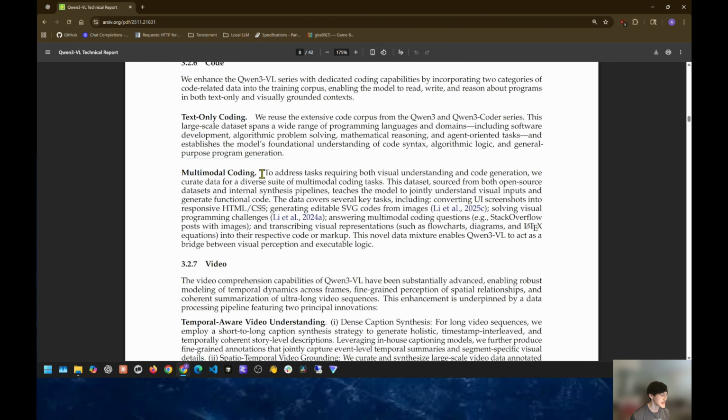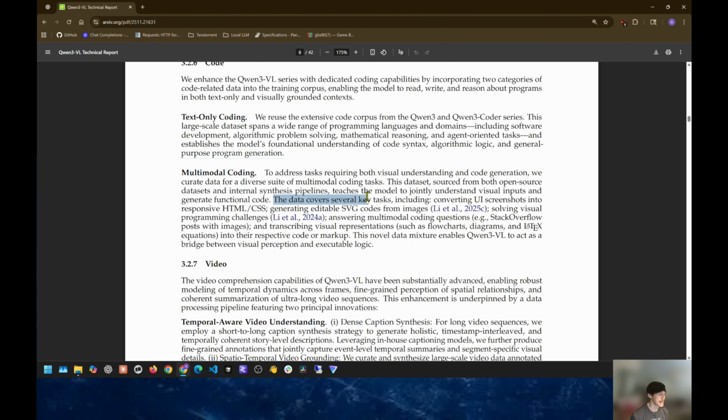Multimodal coding. To address tasks requiring both visual understanding and code generation, we curate data for a diverse suite of multimodal coding tasks. This dataset, sourced from both open-source datasets and internal synthesis pipelines, teaches the model to jointly understand visual inputs and generate functional code.